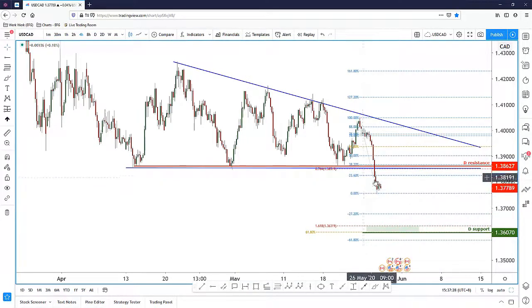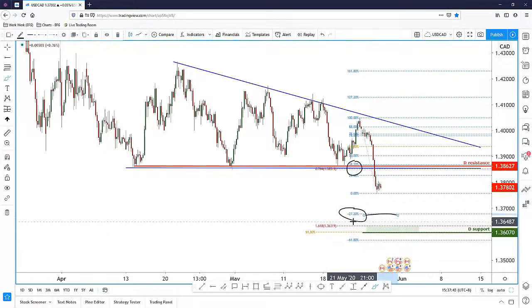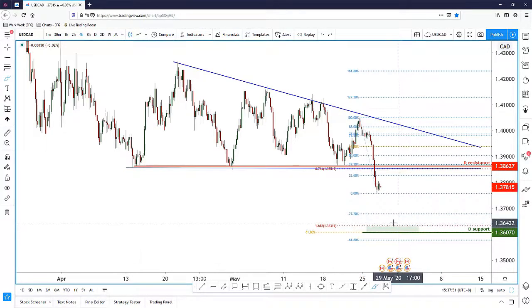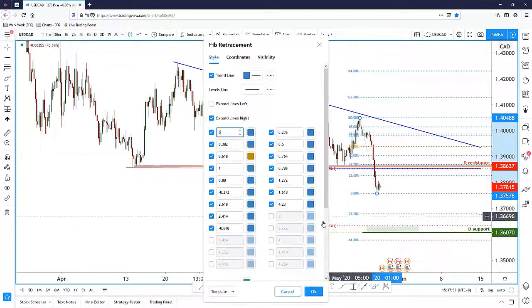Now, we can see that the 38.2 retracement also falls in line with this descending triangle breakout level and the daily resistance level. And we see that there's a negative 27 before the 61.8 retracement that we found on the daily. So this negative 27 can also be our intermediate target, right? Let me select the 38 and negative 27.